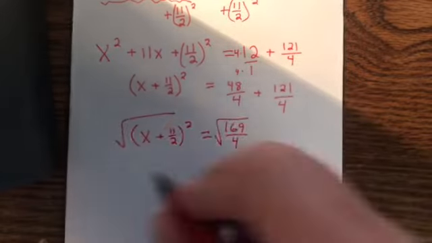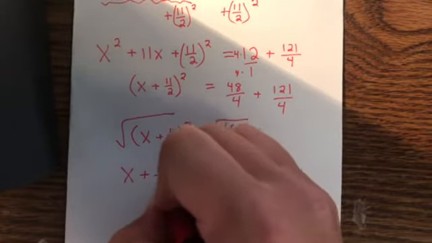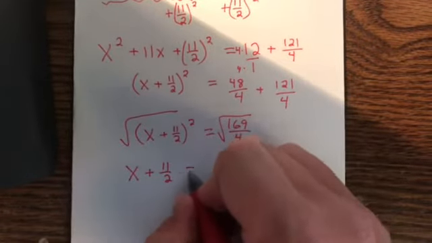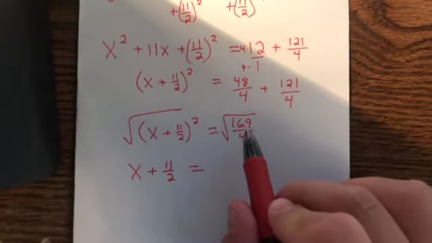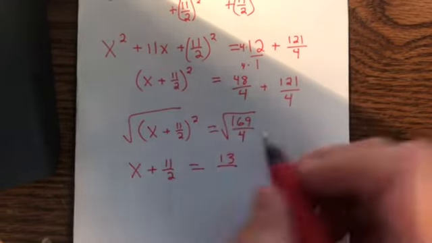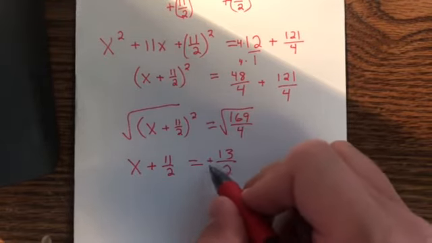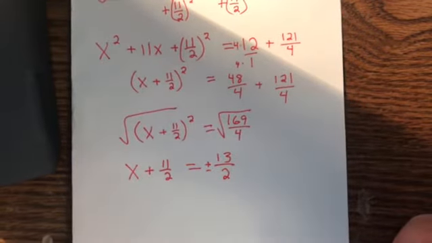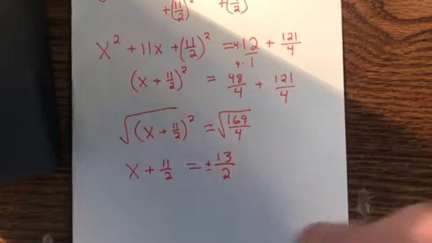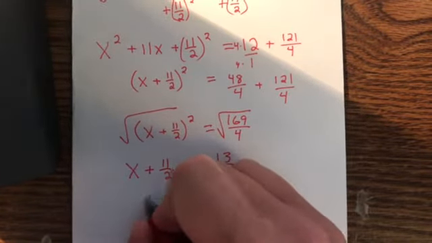Take the square root of both sides of the equation, and we just get x plus 11 over 2 is equal to, oh, I can use my quotient rule. The square root of 169, that's just 13, over the square root of 4 is just 2. And again, I'm not going to forget my plus or minus. Now all we have to do is get x by itself. Subtract.